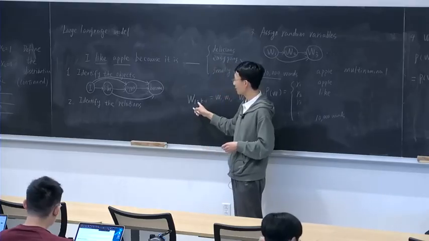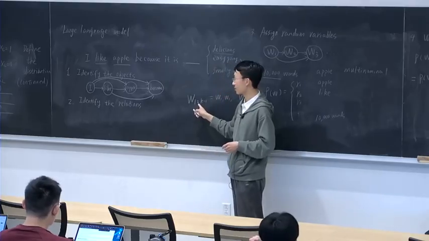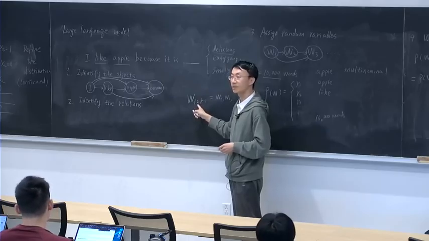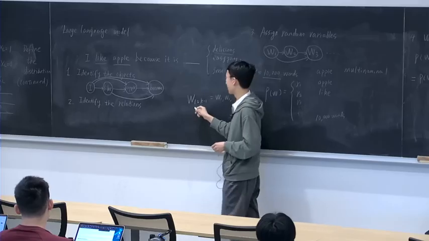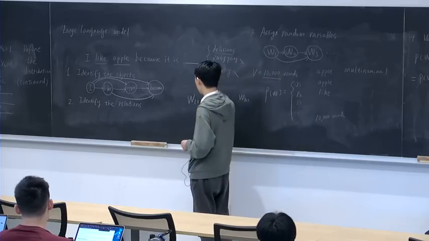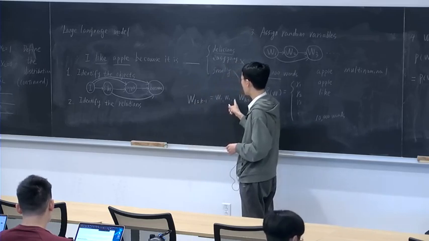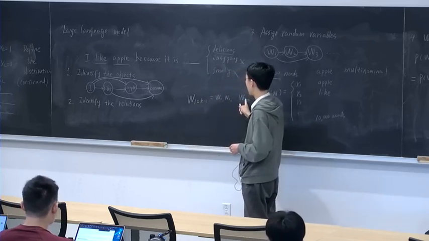So in English, what do you call this guy here? Comma? Colon. Oh, colon, I see. Yeah, so 1 colon K minus 1. So this notation basically denotes W1, 2, 3 up to WK minus 1.